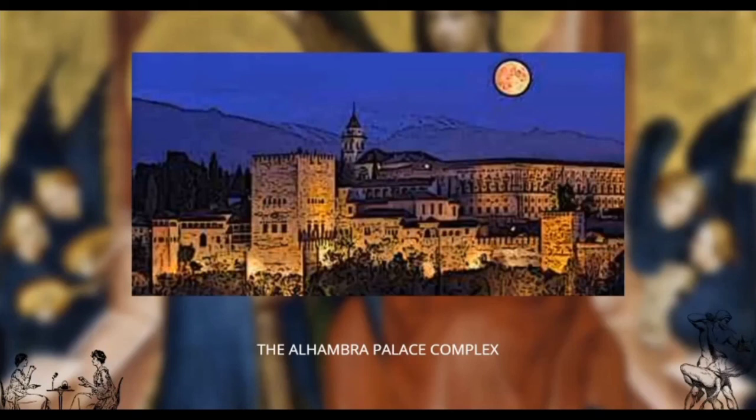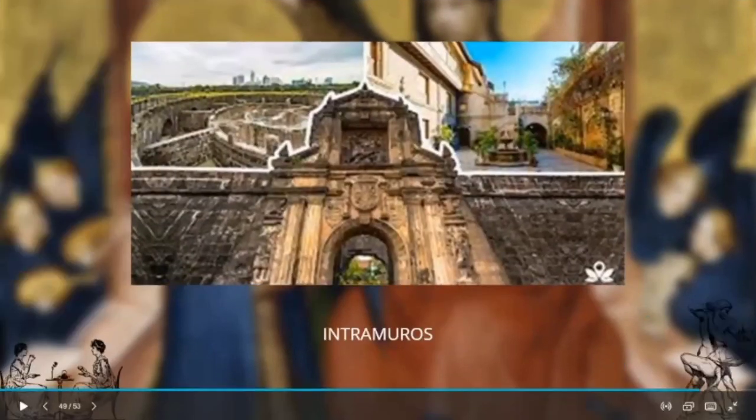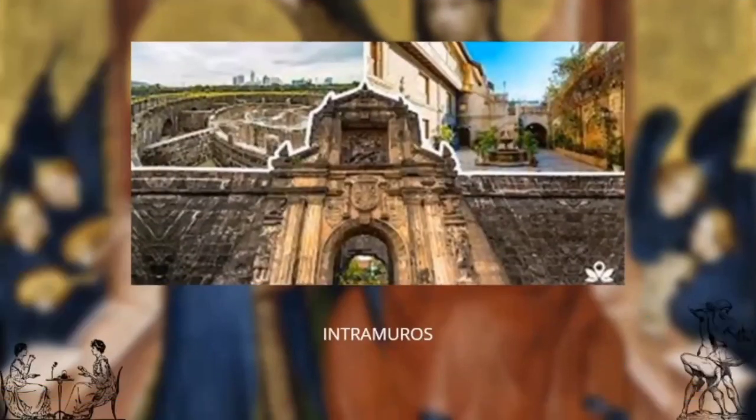So here are some local examples of medieval art. Here is the Intramuros.